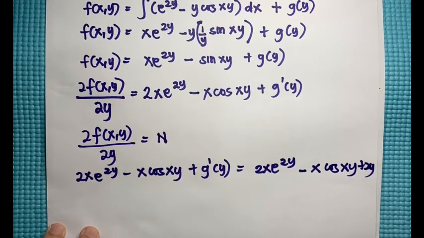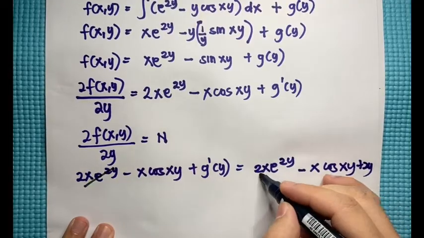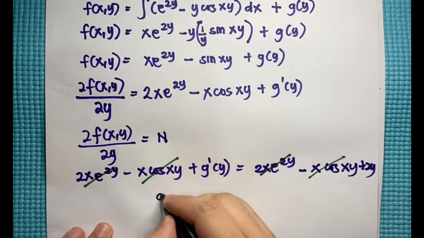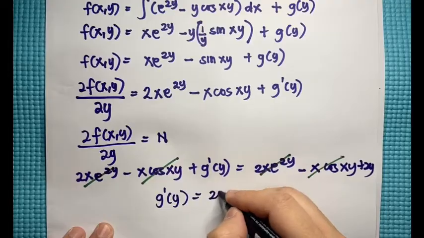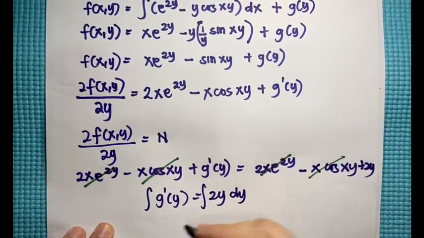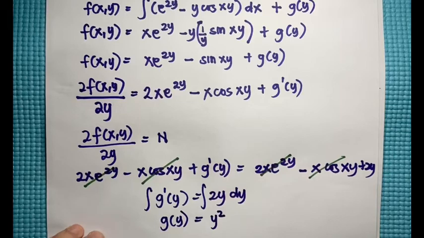This cancels out the 2x e raised to 2y and the negative x cosine xy on the right hand side of the equation, leaving us g prime of y equivalent to 2y. Integrating both sides, g of y is equivalent to y squared.